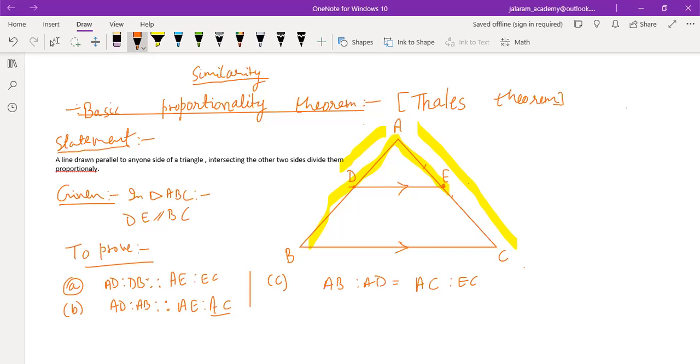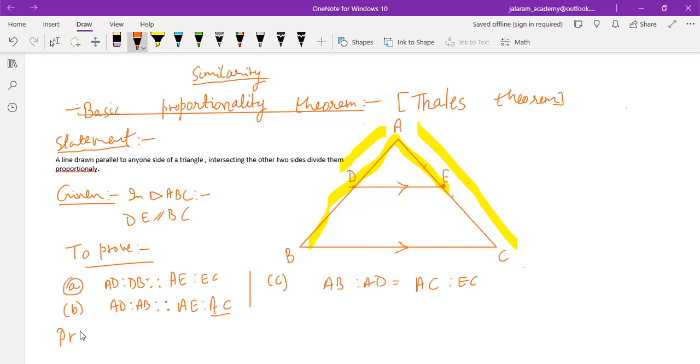So in this, these three types are the method of representing the proportionality. AD is to DB equals AE is to EC. AD is to AB equals AE is to AC, or AB is to AD equals to AC is to AE.